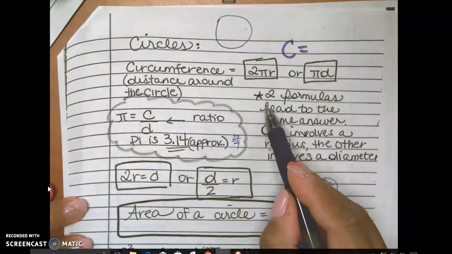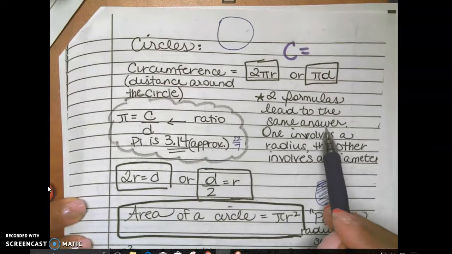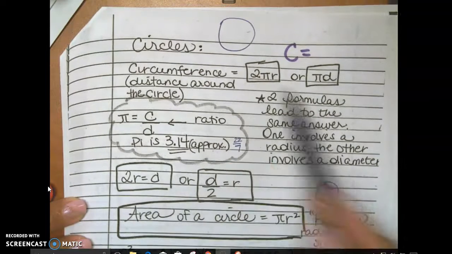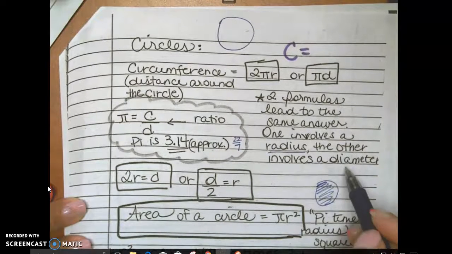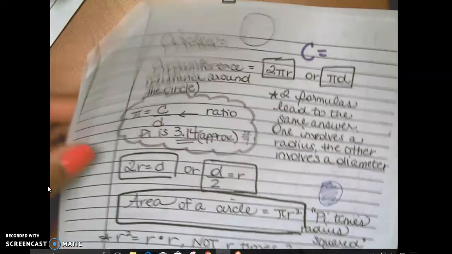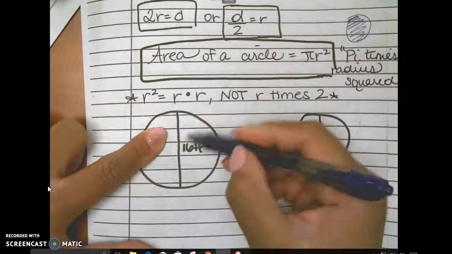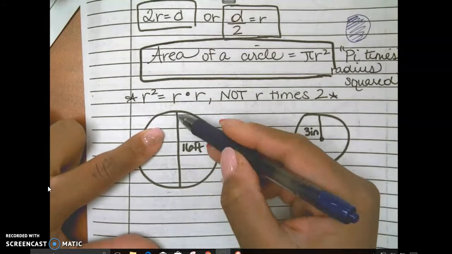These two formulas are going to lead to the same answer for circumference. One involves a radius, and the other involves a diameter. Down here in your notes, or your examples, what would this part of my circle be?